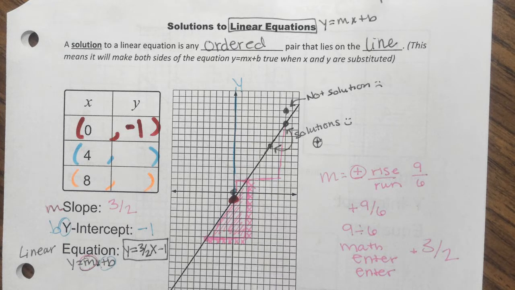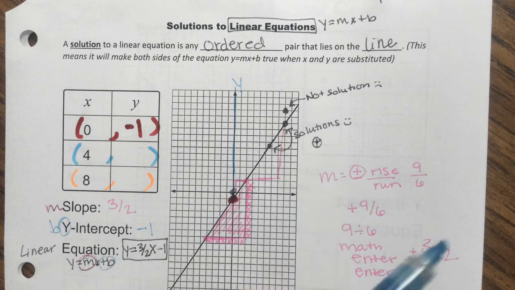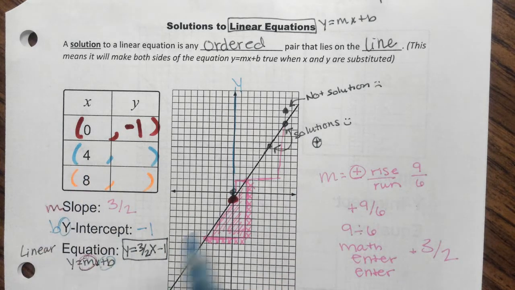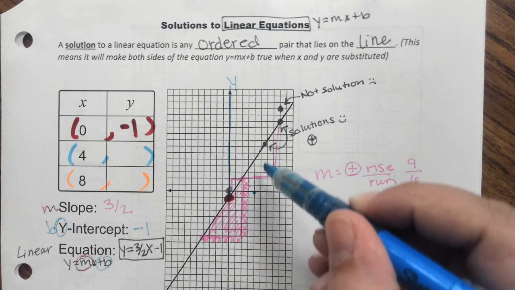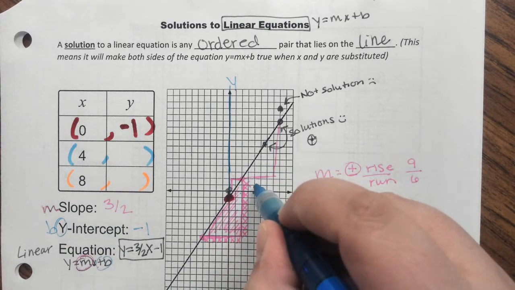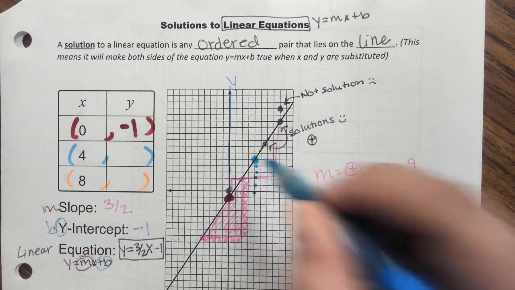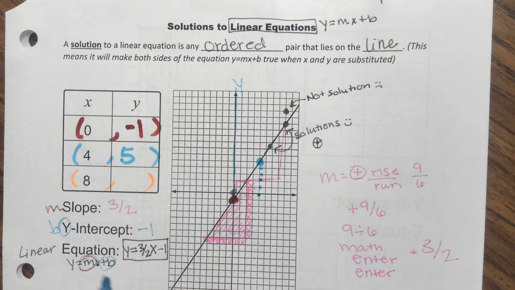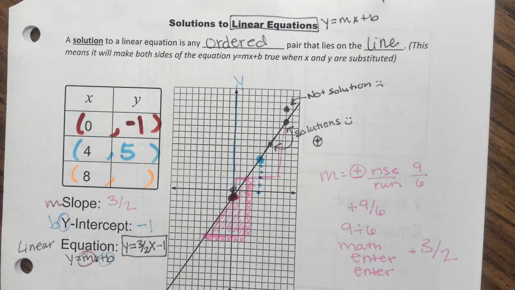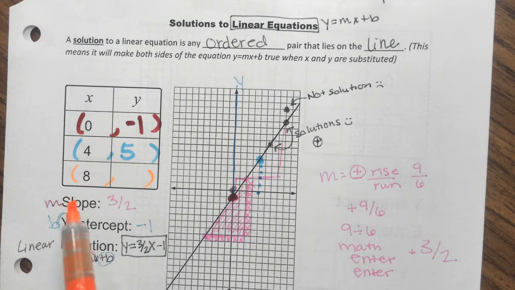Looking at when x is 4, so side to side, I know I have to go to the right 4 times to find the x value because this is positive 4. 1, 2, 3, 4. So I'm starting here, and I know I have to go up to reach the line. I have to go up 1, 2, 3, 4, 5 times. So the y value when x is 4 is 5. So whenever x is 4, the y value would be 5 if you had solved the equation. Now let's look at when x is equal to 8.